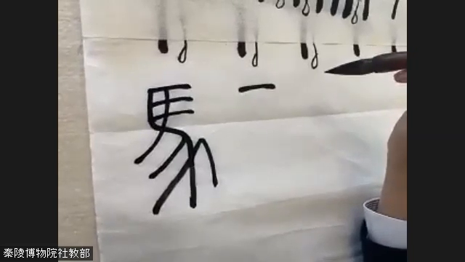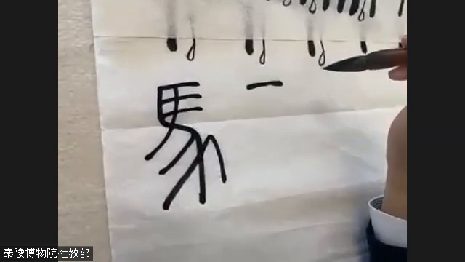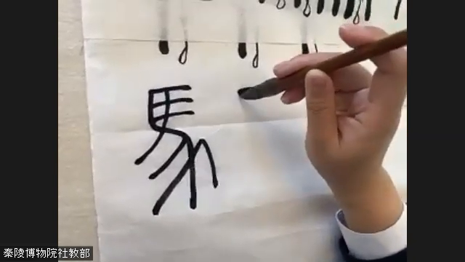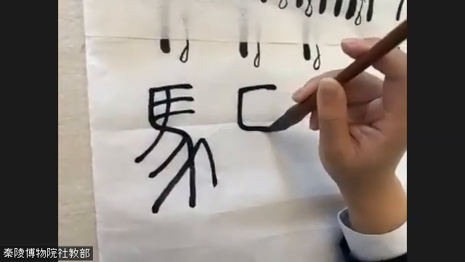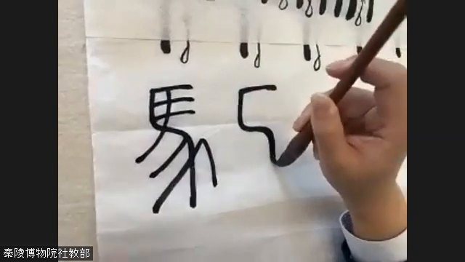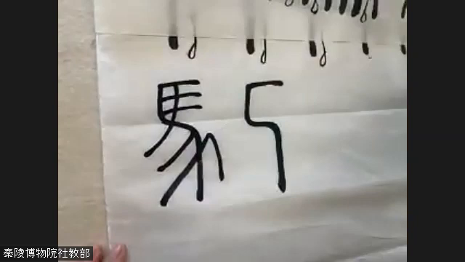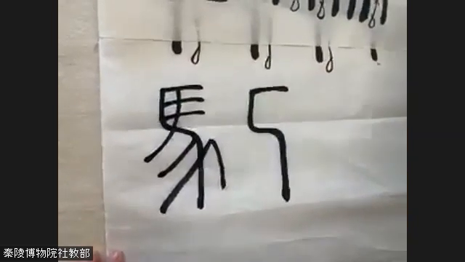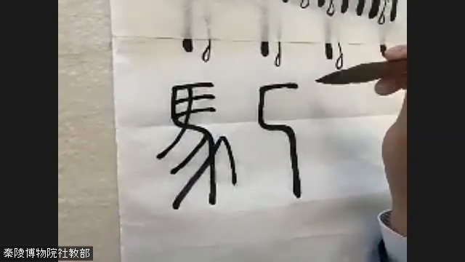大家写完了吗？那么接下来的这一步呢，就是刚才我们练过的直弯 straight bend. Next stroke is straight bend. Those are the first two strokes of this word 马。我们先写了一个横 a horizontal stroke.